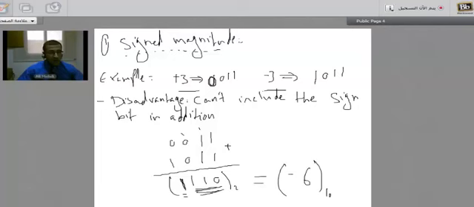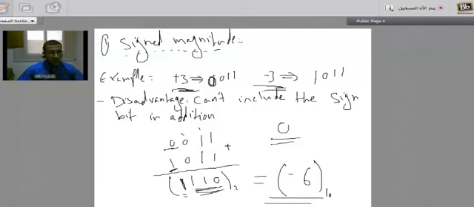Now, is this correct? I've added 3 and minus 3. Theoretically, the answer should be 0. Is that right? +3 minus 3 should equal 0. But I got -6. So we do have a problem. This method is good in showing you the negatives, but it is not good in actually doing the addition, because in doing the addition, it cannot handle the sign.